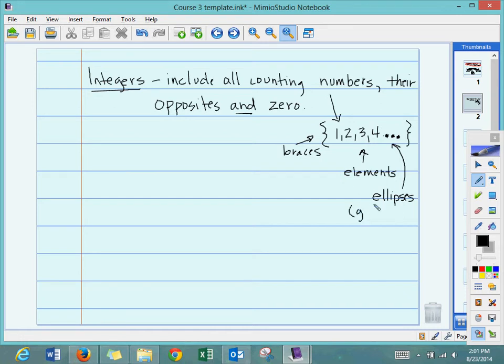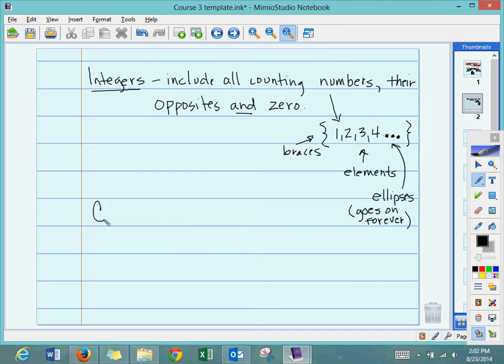So the set of integers includes the counting numbers, 1, 2, 3, 4. It also includes all their opposites, so -1, -2, -3, -4, and it includes 0.